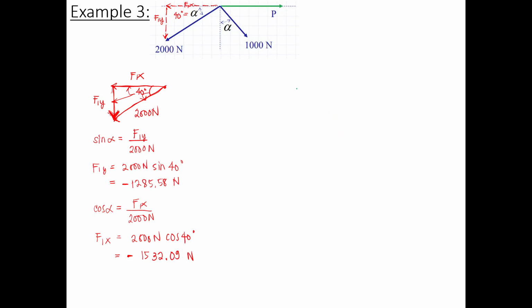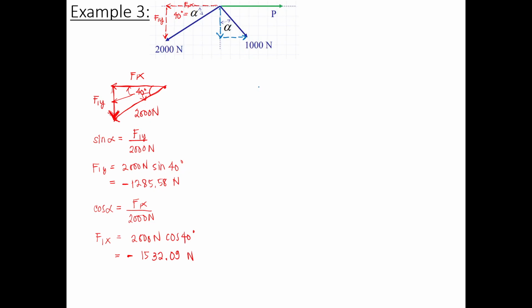Again, create the triangle along with the angle alpha. There's no green, so blue instead. So going down, then going to the right.